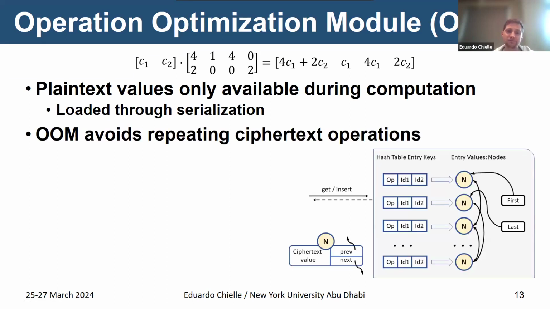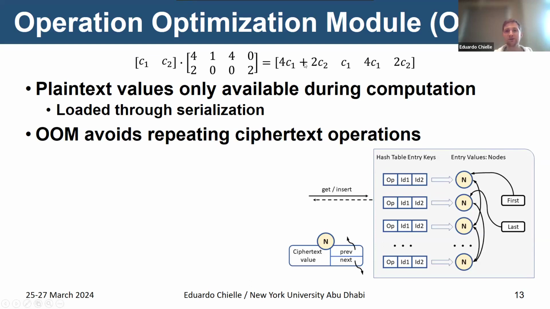So for that, we create this operation optimization module that avoids these repeating operations. This module has a data structure with a table where we store identification of operations. So for example, for 4 times C1, we would have here the multiplication of the identification of ciphertext C1 and the plaintext 4.